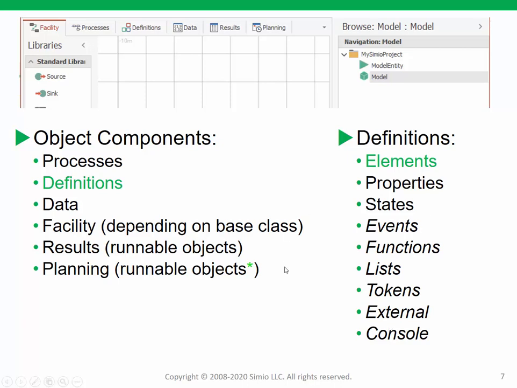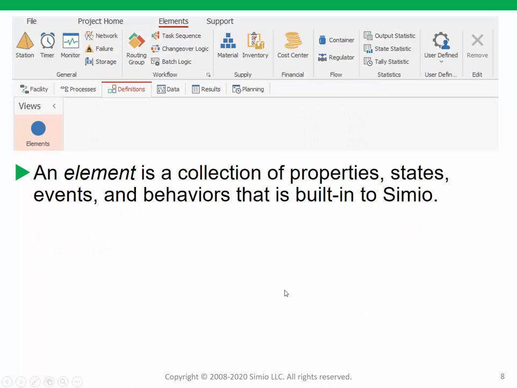So elements. An element, by definition, is a collection of properties or states and events and behaviors, and it's built into Simio. It's a little bit difficult to get your arms around what precisely it is, but the key notion here is that it's built into Simio. These were developed by the Simio developers, and we will use these in our model to describe behaviors and to track statistics and costs and things like that.